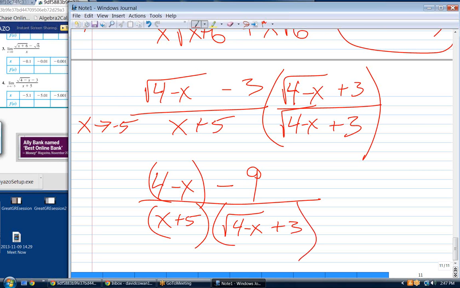So what does the numerator become? It's still 0. Well, if we simplify it, we get negative 5 minus x.